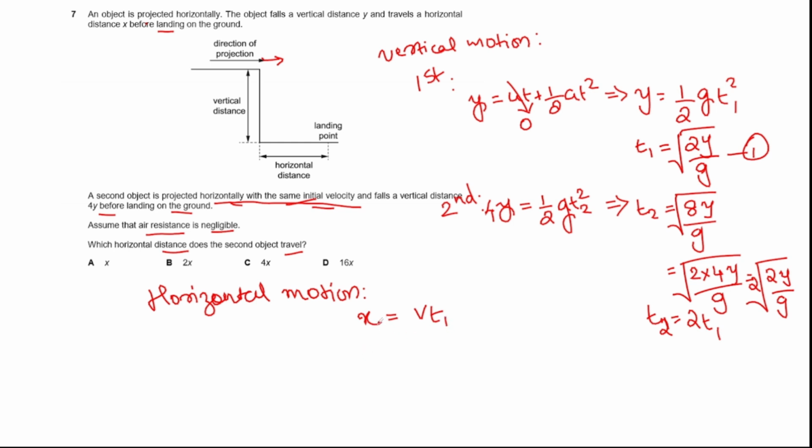For the second object, x2 is equal to v t2, and v stays the same because it's given. So you can substitute t2 is equal to 2 t1, so it's 2 v t1. And what is v t1? That is the distance x for the first object. So it's 2 times x. So the correct option is option B.